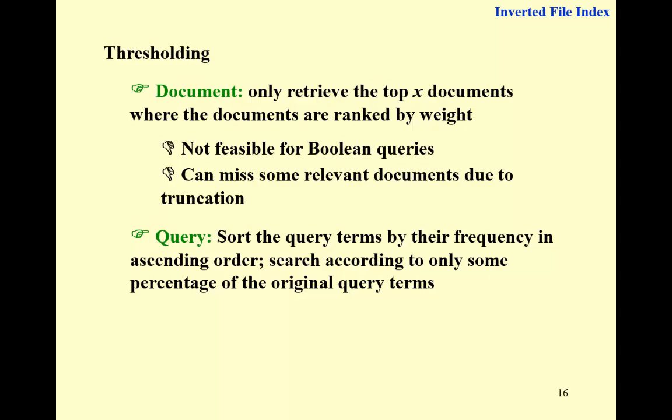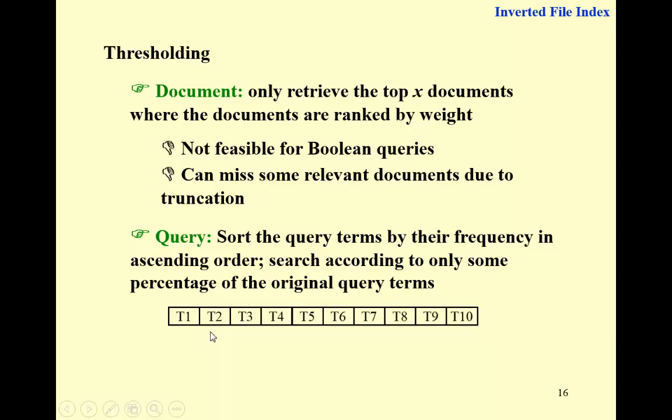Therefore, by sorting the query terms by their frequency in ascending order, we're listing all those terms according to their importance. The most important one is listed first. So now when we run searching, we will not process the whole sentence, but instead we only process several percent of the terms.